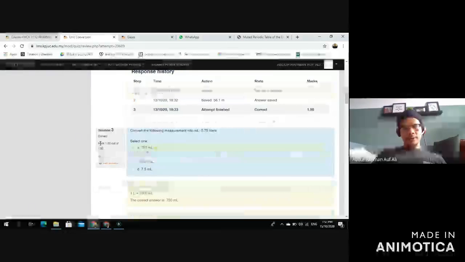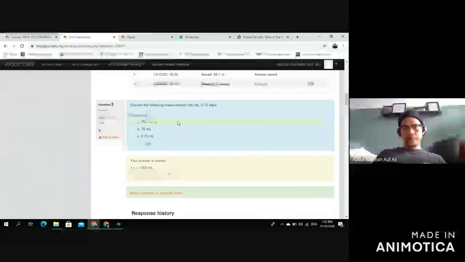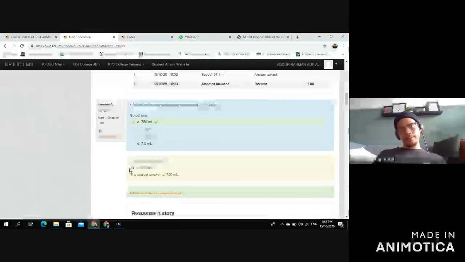Next question, question number 3, convert the following measurement into milliliter. 0.75 liters. You must know 1 liter equals 1,000 milliliter. So you just multiply 0.75 liters by 1,000, and you will get 750 milliliters. I've included the conversion in the feedback box.